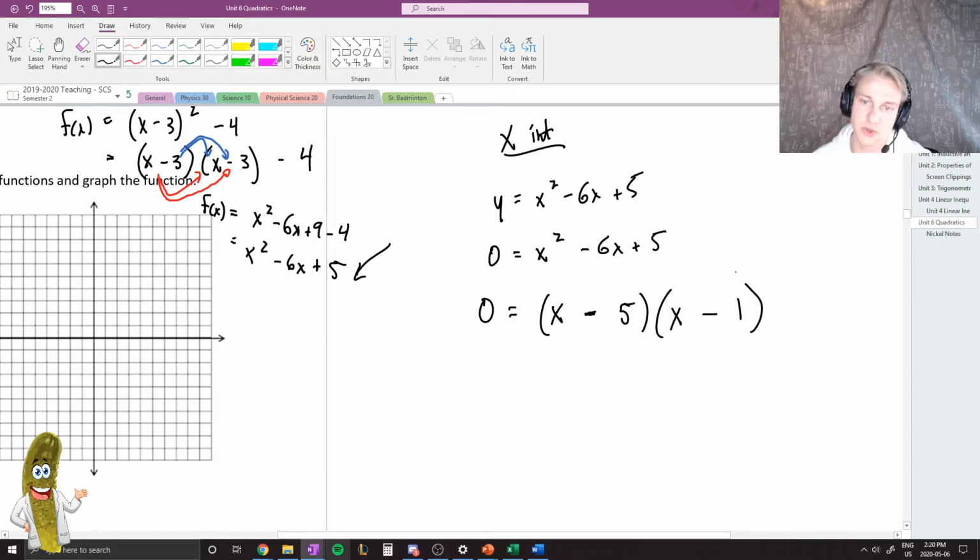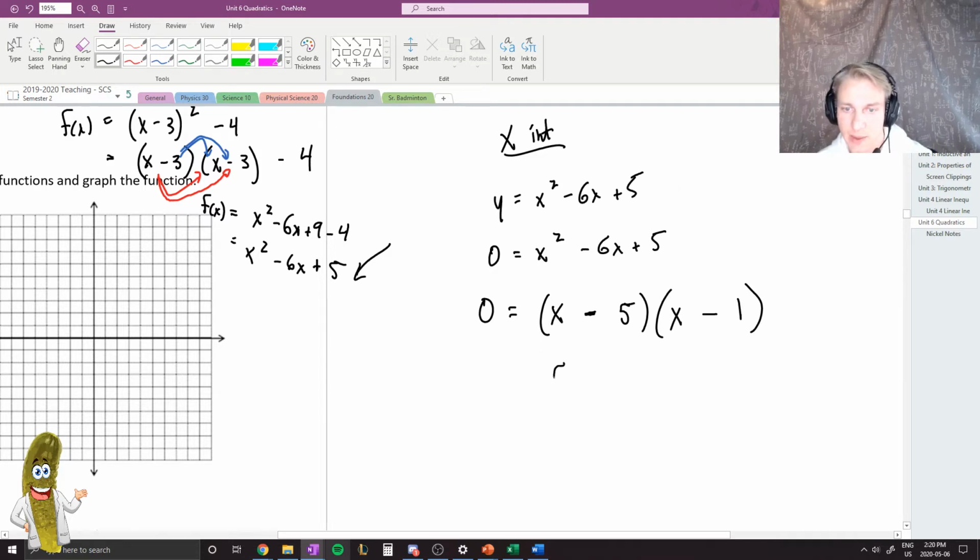And then we would add those two together, negative 1x minus 5x gives us negative 6x. And then to solve this, we need to find what numbers I can put in for x in these brackets to have them equal 0. If either one of these brackets equals 0, then the entire expression will also equal 0.